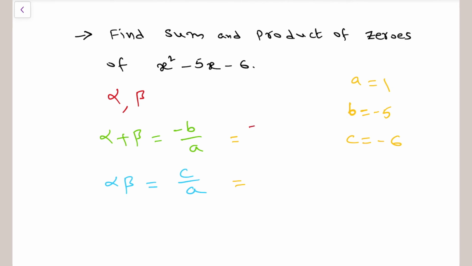Minus b, minus of minus 5, is plus 5, by a value 1, which is 5. Next, c is minus 6 by a value 1, which is minus 6. So the sum of the zeros is 5 and the product of the zeros is minus 6.